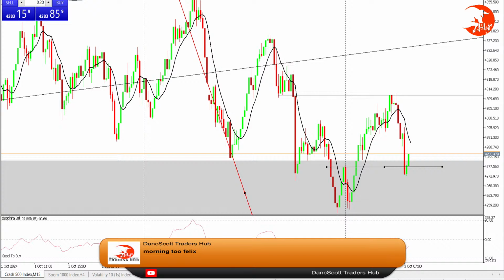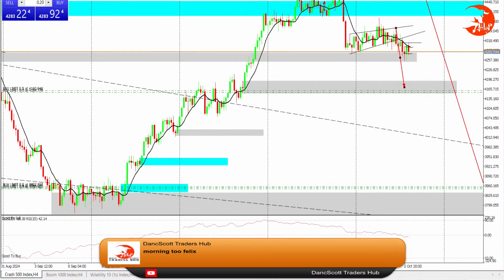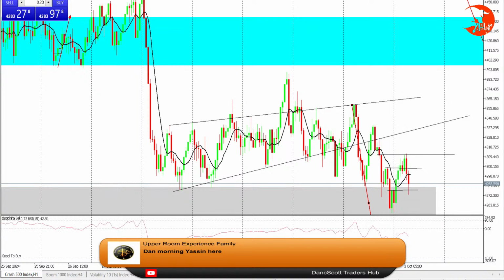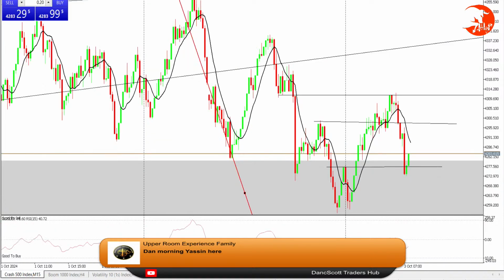But does that mean we are heading to buys? Let's look at that to see. This was breakout structure. What does H4 show us? H4, something is weird.